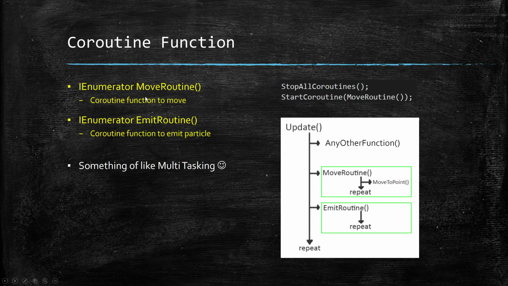Special functions like move routine and emit routine are like loops within themselves, so they repeat within themselves. The main update function still repeats, but the move routine function repeats among itself. That's the difference between these 2 functions.